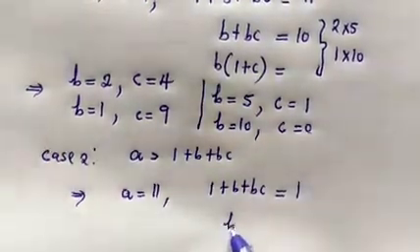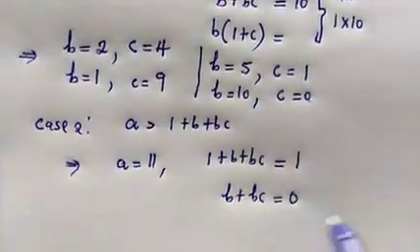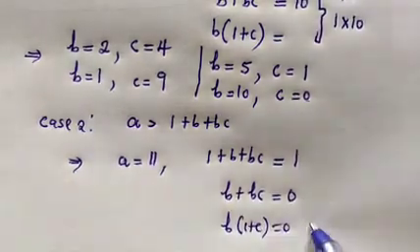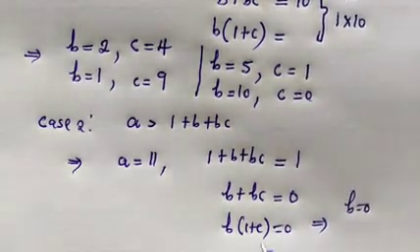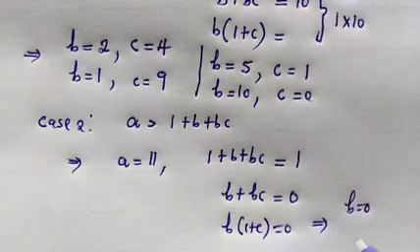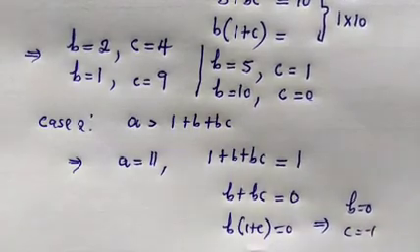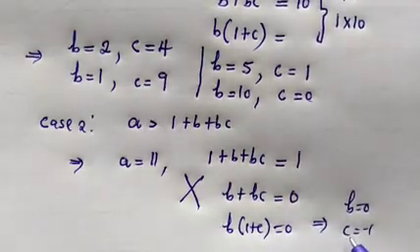So from here we get b plus bc is equal to 0. If you factor out b from here, we get b into 1 plus c is equal to 0. From here, we're going to have b is equal to 0, and 1 plus c is equal to 0, giving us c is equal to -1. So we don't have solutions here, since we arrive at c is equal to -1.